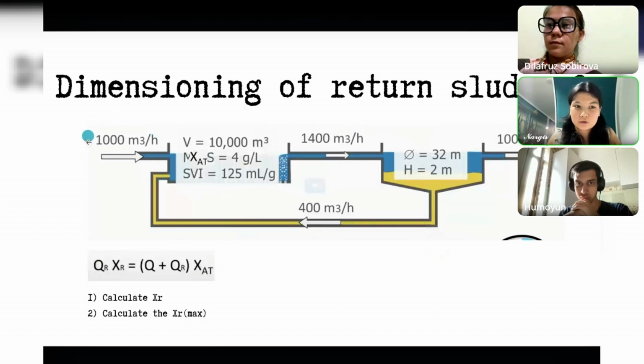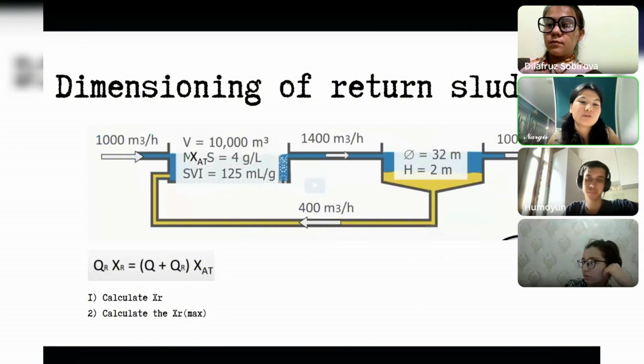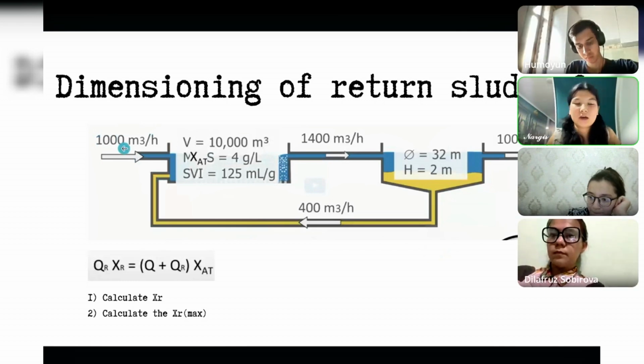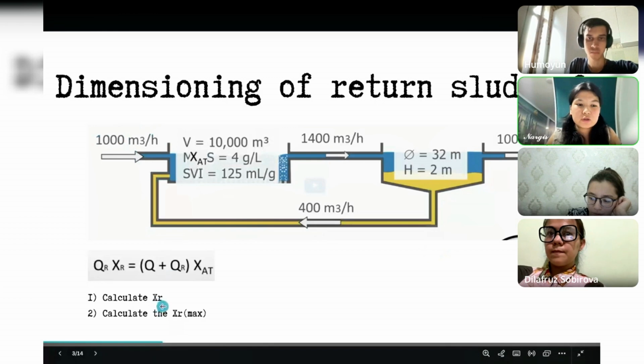Yesterday our flow was only 500 meters cubed per hour, but today it's raining at our wastewater treatment plant, so it doubles. It becomes 1,000 meters cubed per hour. So your task right now is to calculate XR based on these numbers.